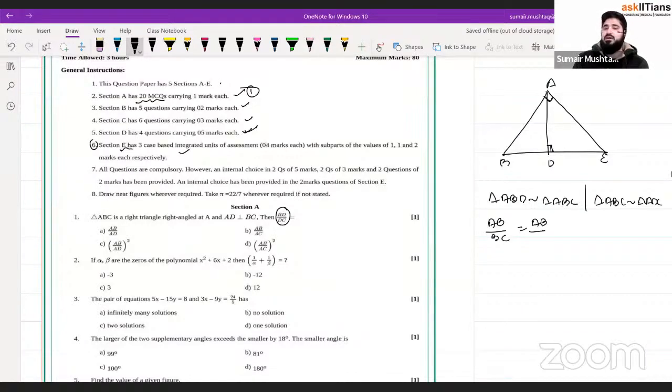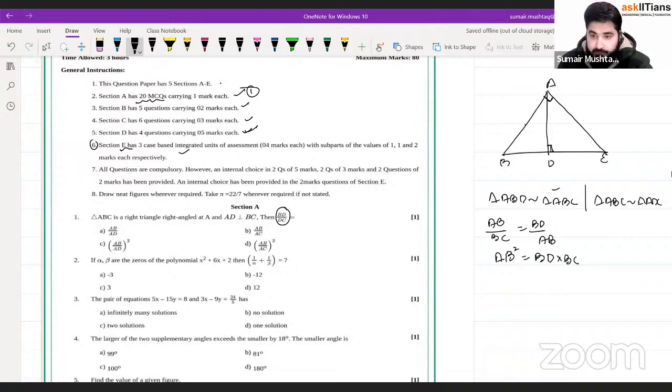AB over BC of this triangle: BC of the greater triangle, that is ABC, and AB of the smaller triangle, ABD, is equal to BD of the smaller triangle and AB of the greater triangle. So AB square is equal to BD cross BC. This I got from here.